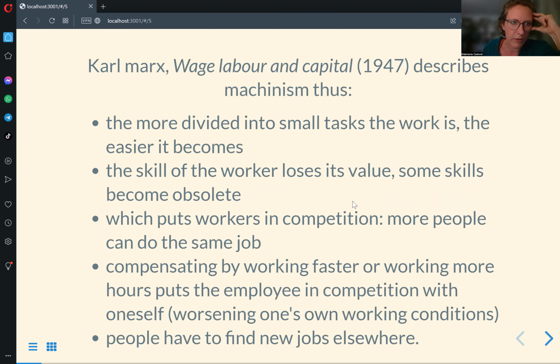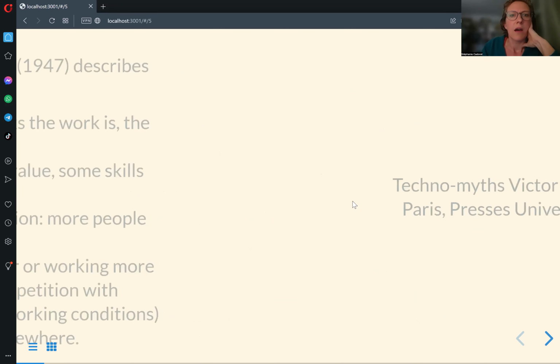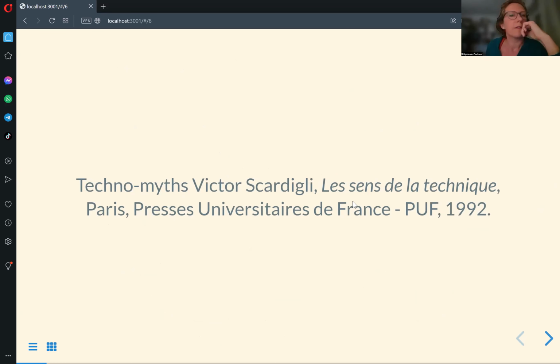More people can do the same job, compensating by working faster or working more hours, which puts employees in competition with themselves, worsening their own working conditions, and people have to find new jobs elsewhere. So this is precisely what fuels anxiety right now around AI technologies. It also reminds me of what Victor Scardigli says about technomyth.